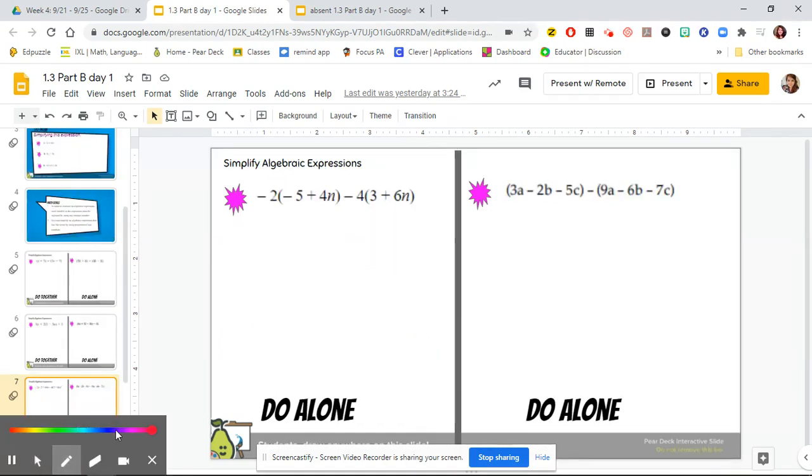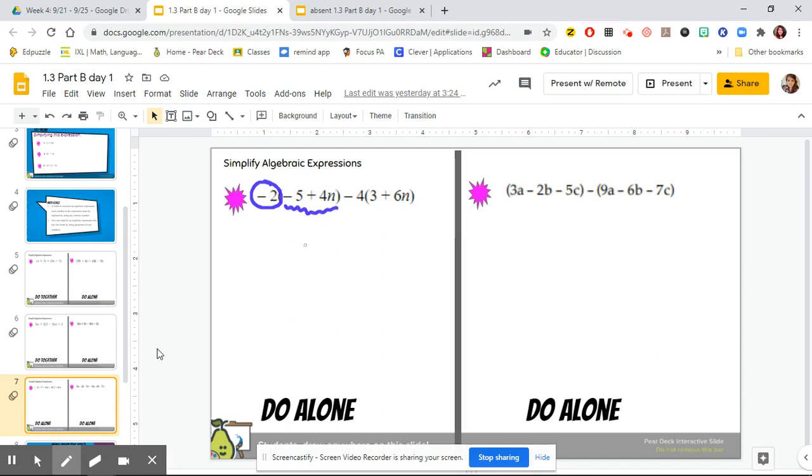All right, looking at this last problem for today, we notice that we once again need to simplify our algebraic expression. And we do notice there is a number in front of our parentheses. I notice there's also another number in the back over here of negative 4 that's also in front of this set of parentheses.